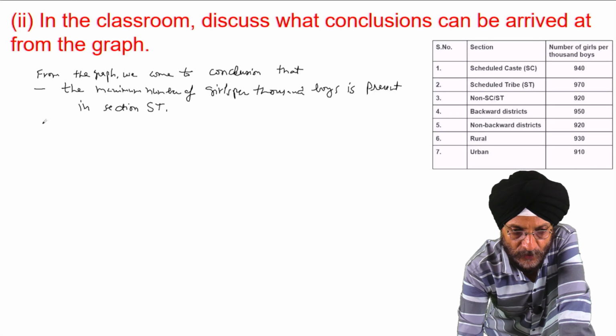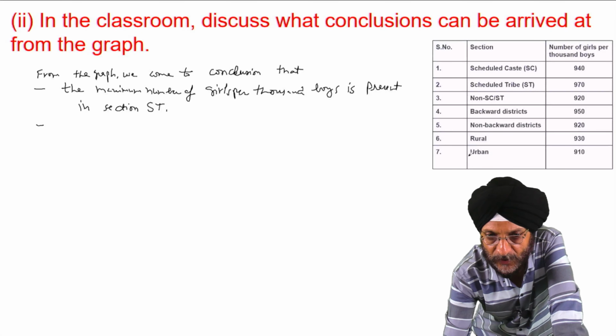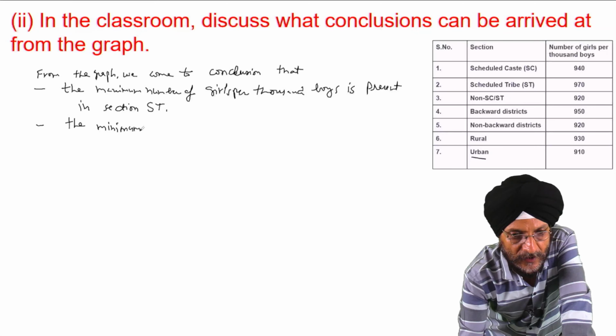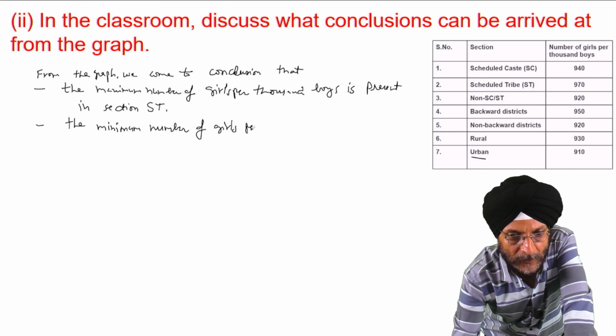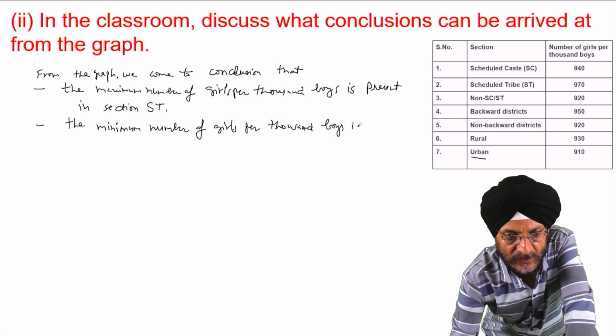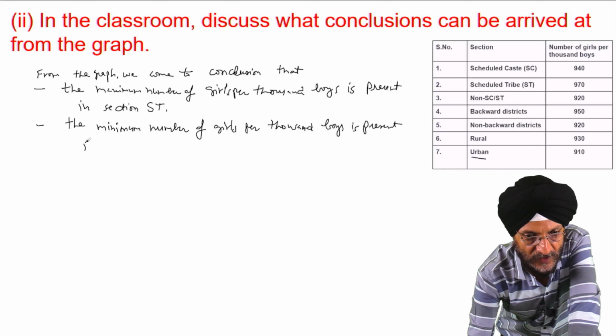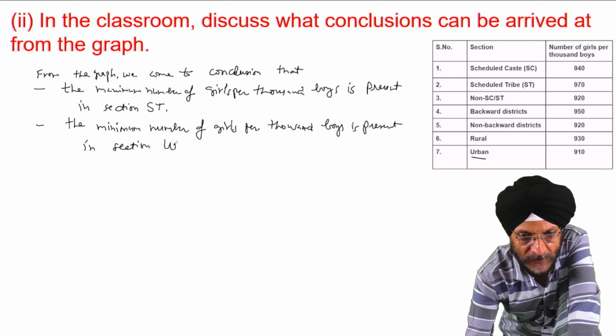And what other information we had drawn from the graph, that the minimum number of girls per thousand boys is present in section urban.